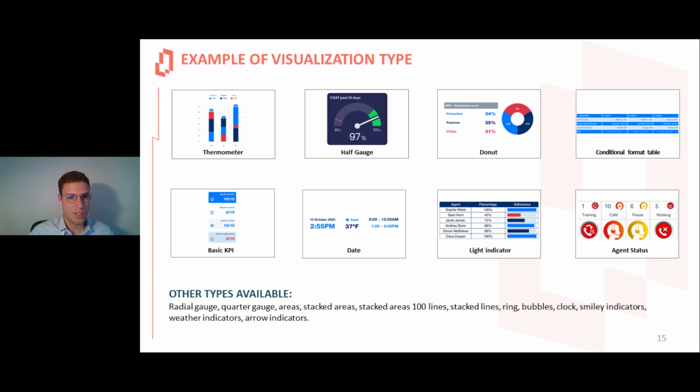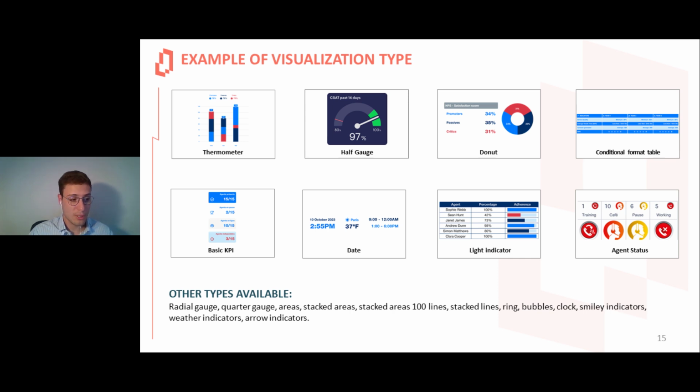All of this is possible thanks to the strong graphic indicators that Logepal has. In fact, Logepal has thermometer, half gauge, donut, table, agent status, verbatim too. You can display some words, some feedback of the customer. If you have the solution, you can display it on the screen, and so on.